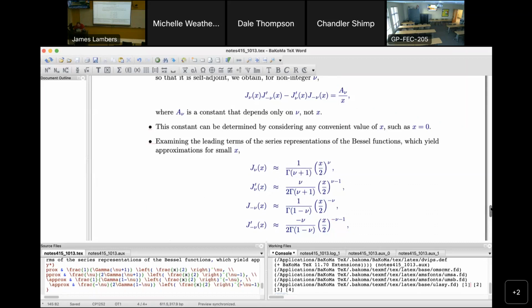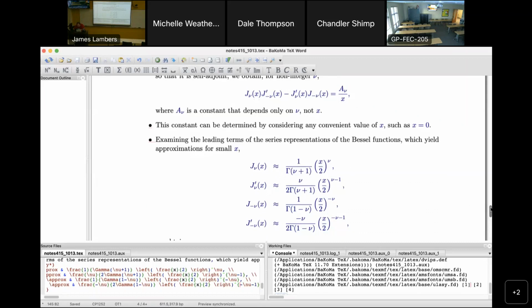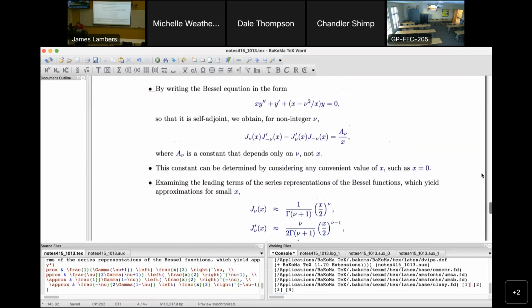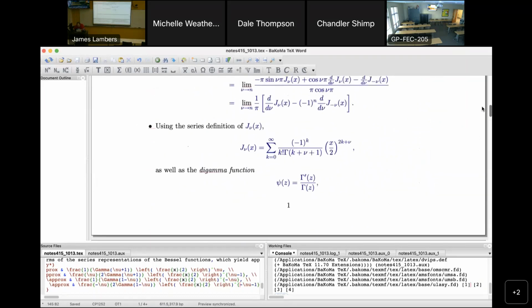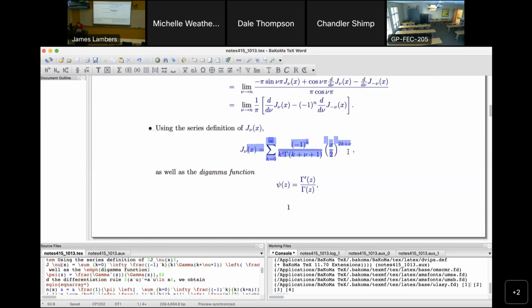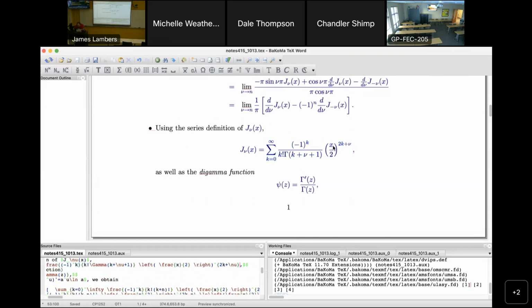To give you a justification of these approximations, I go back to where I have the full series written out right here. If we assume that x is small, then as k increases, we're taking this small value, x over 2, and raising it to a larger power, because as k increases, this power becomes more and more positive.